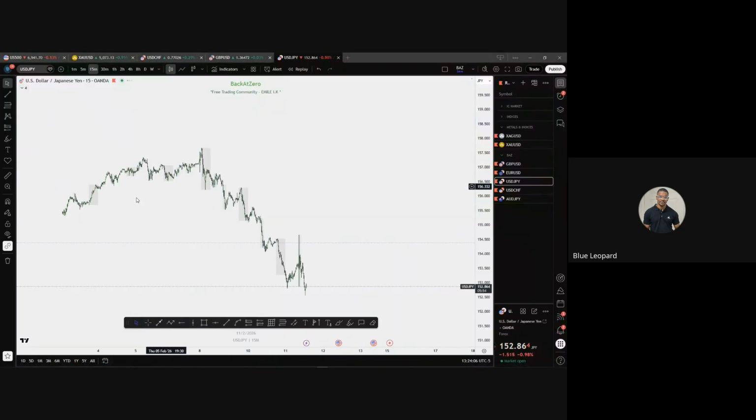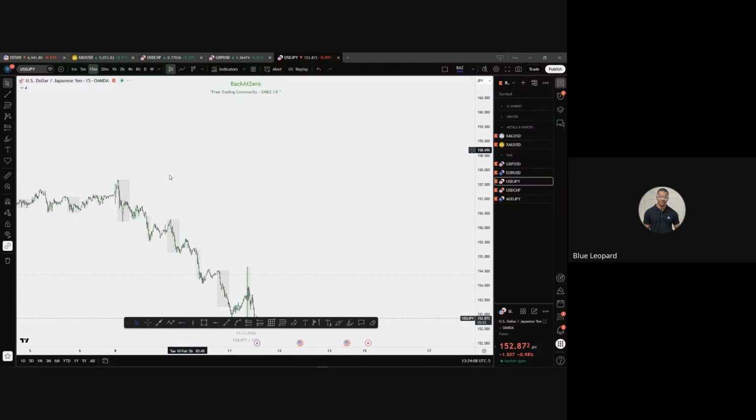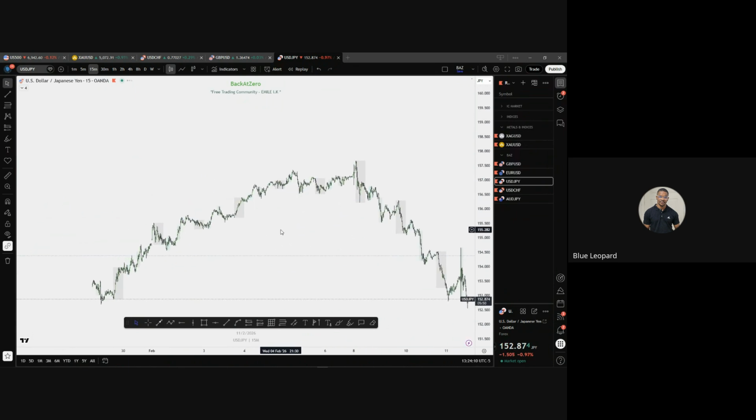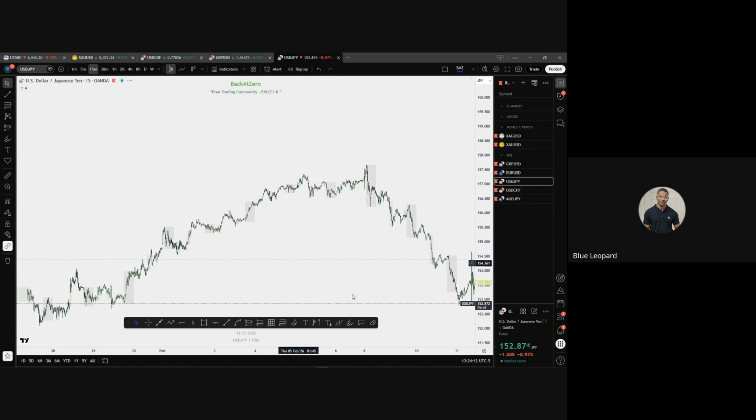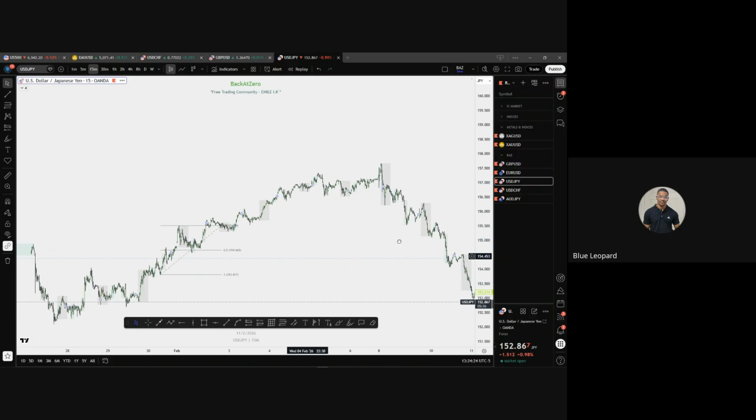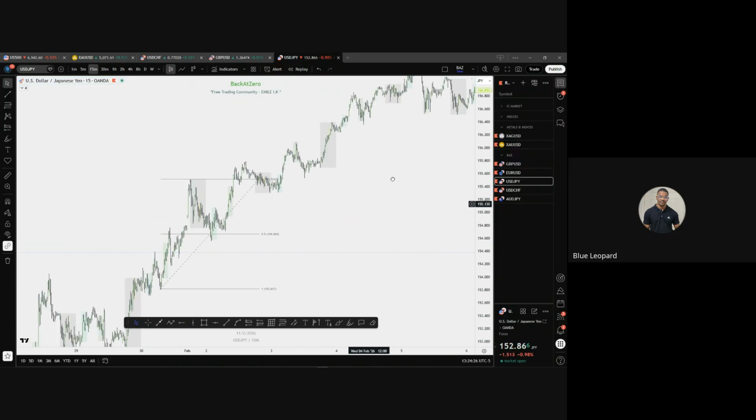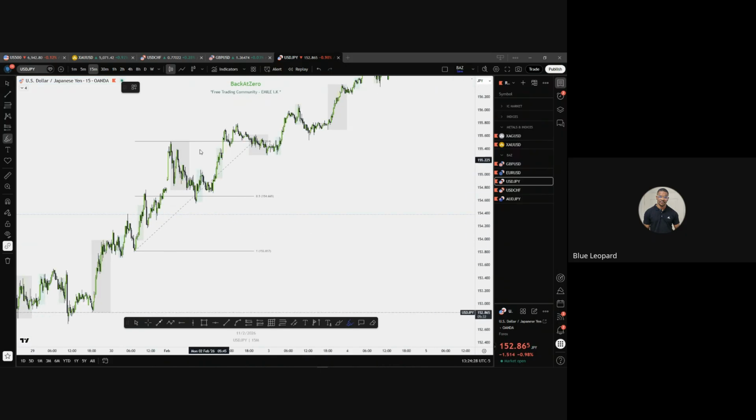When you have a range, you can mark the 50% of the range, and you can expect price to give you a movement. If I take my 50% here, price came back to the 50%, even here. You see price moved up, created the range from here to here, and then it went and touched the 50%.